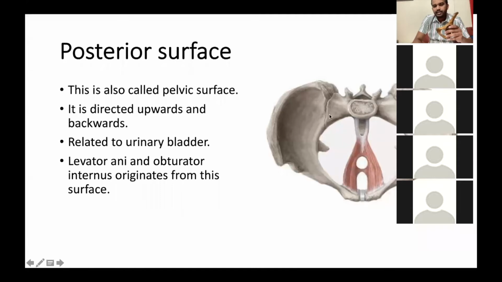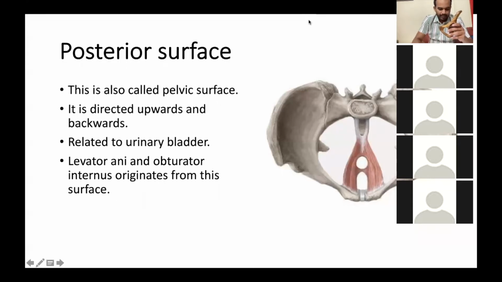You can see here in the slide, this is the posterior surface of the body of the pubis, and from here this muscle is taking origin. This is the levator ani muscle, which is one of the muscles forming the pelvic diaphragm. Is it clear, everybody?